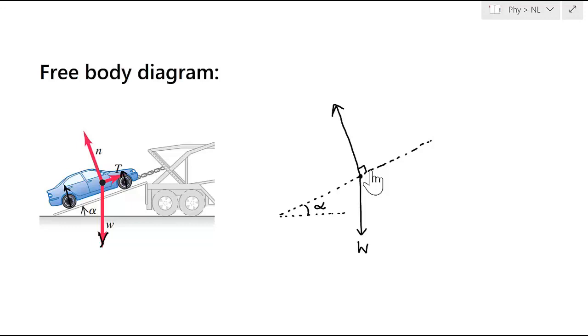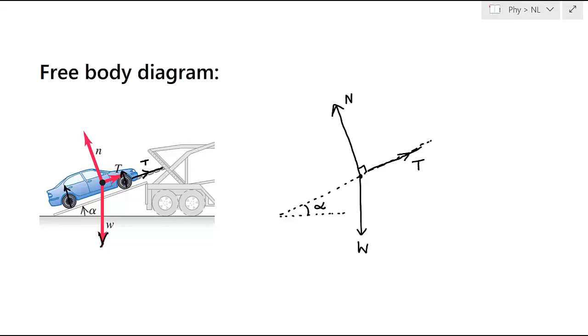What other forces are acting? You have this cable, which applies a tension force T in this direction, and the magnitude of this force is T.